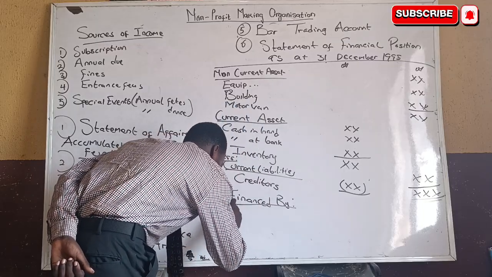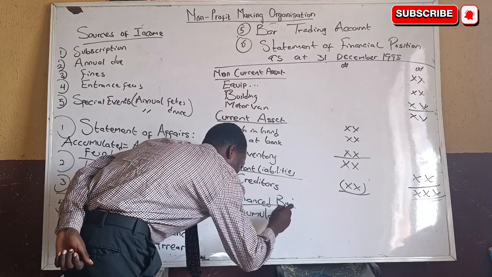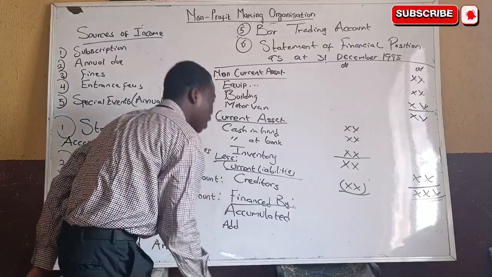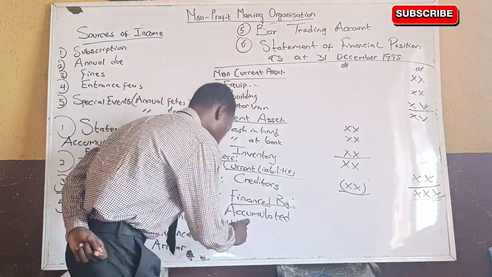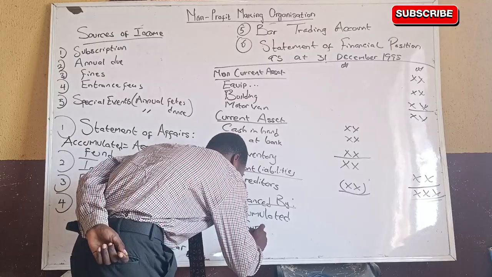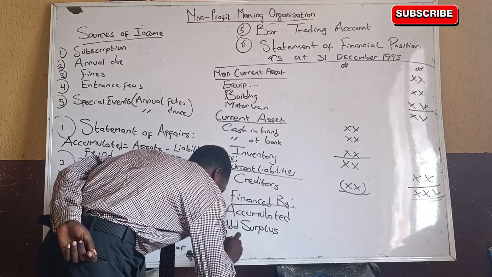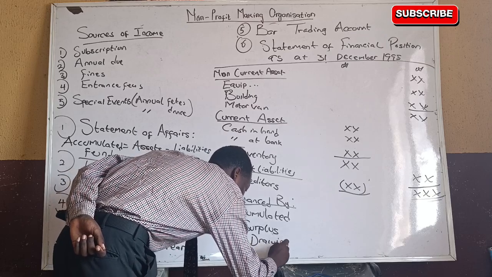Financed by. We are starting with the accumulated fund. I said it's no more called capital, but accumulated fund. Then sometimes if you have a surplus, you are going to add it. If it's a deficit, you are going to subtract it. Don't forget surplus. Then you less drawings. Because if there's not enough space, we need to manage this.